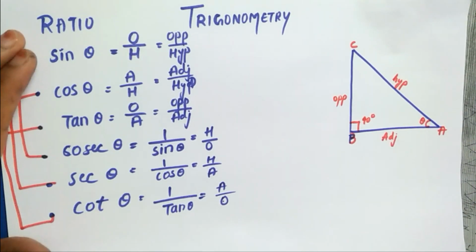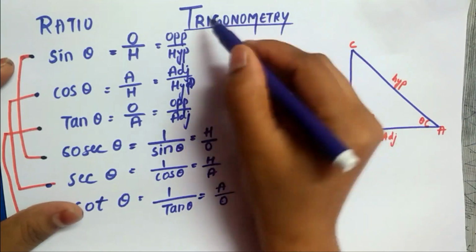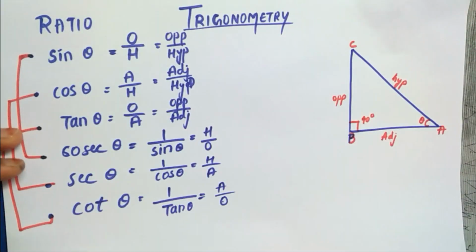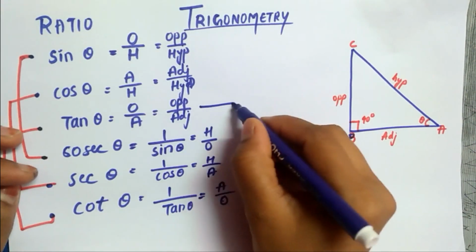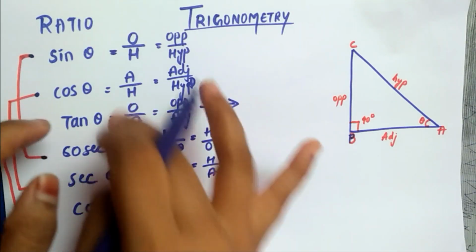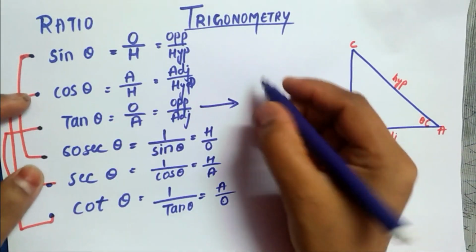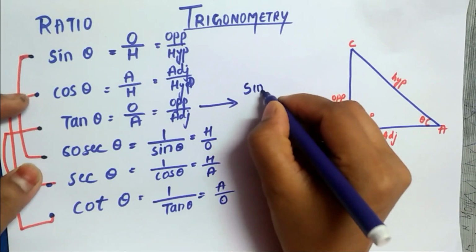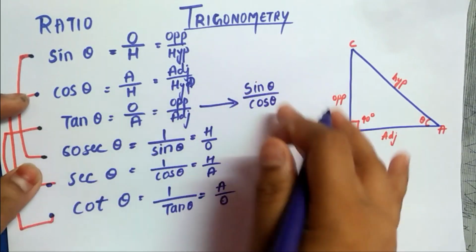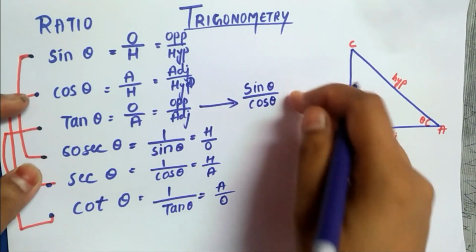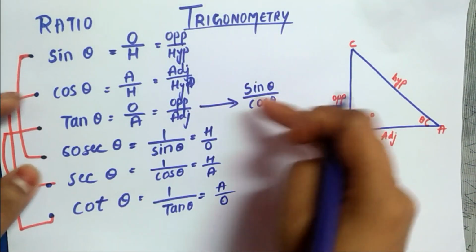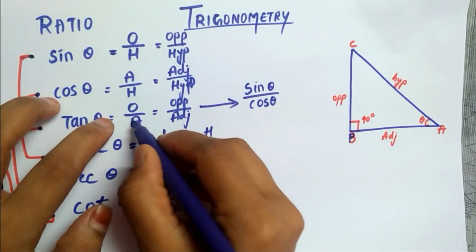These are the 6 ratios which trigonometry deals with. We need to play with these ratios in further classes also. And one more thing about tan theta: there is one more formula to derive opposite by adjacent. Tan theta is also equal to sine theta divided by cos theta. When you solve by putting the values, you will get opposite by adjacent.